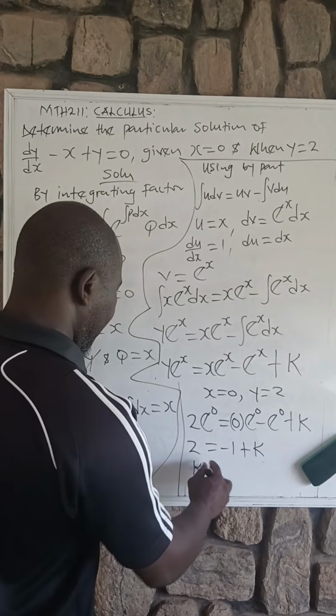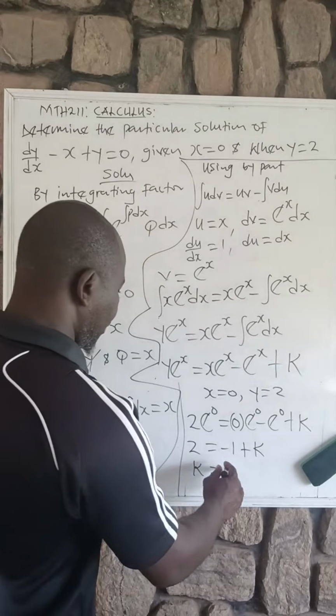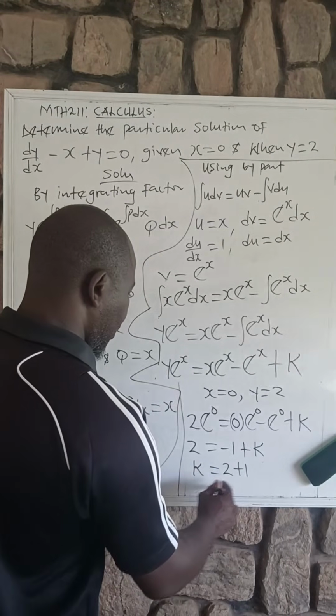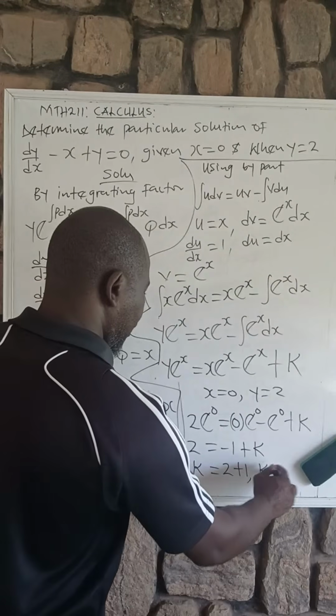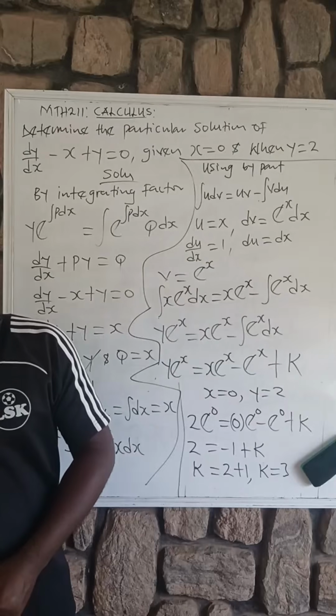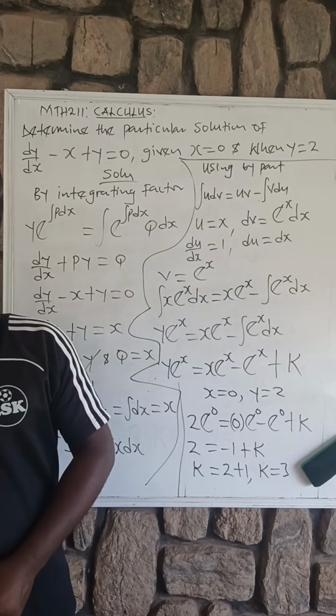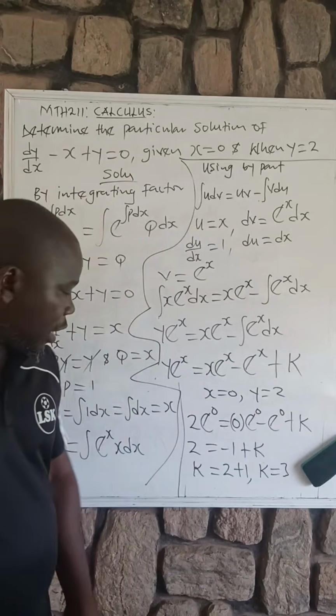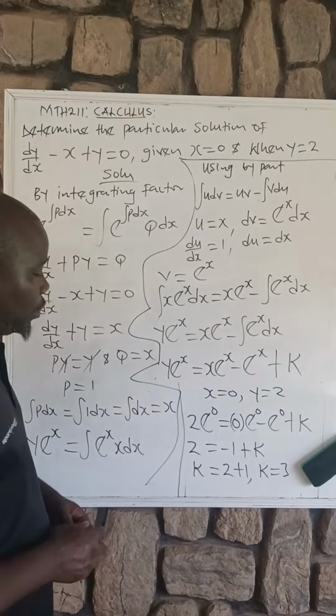So for our k, we collect like terms. Here will be 2 plus 1. Therefore, k equals 3. True or false? k equals 3. So far, so good.